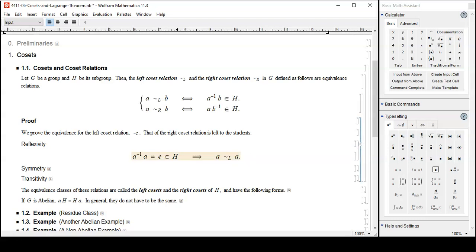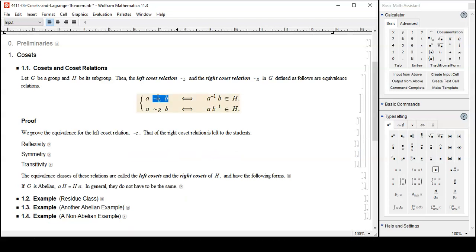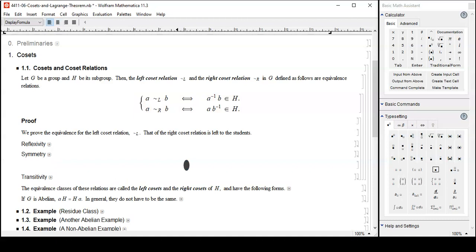Now how about the symmetry? If A is related to B, then B is related to A. That's something we have to prove. Is this true?